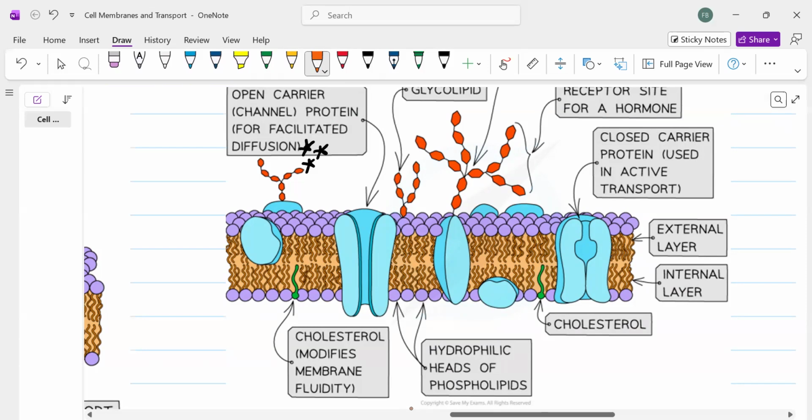But when we talk about facilitated diffusion, you also don't need energy, but the molecules will move across the cell membrane with the help of some specific protein, just like this. The channel proteins. They don't need energy. Actually, what I'm saying is that facilitated diffusion is also a type of passive transport.